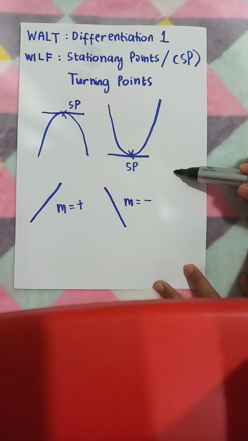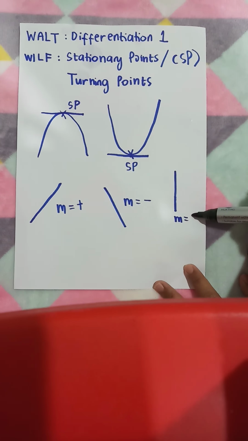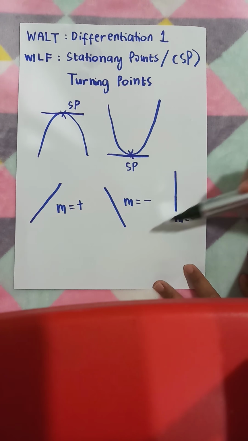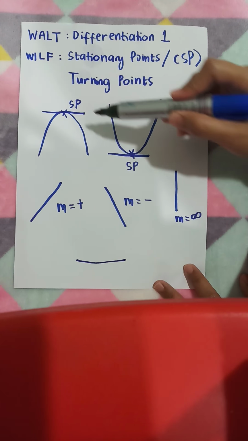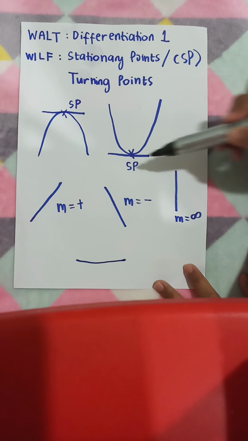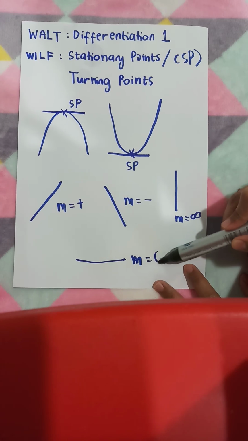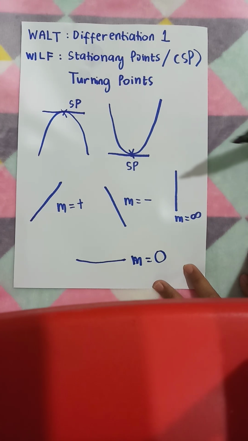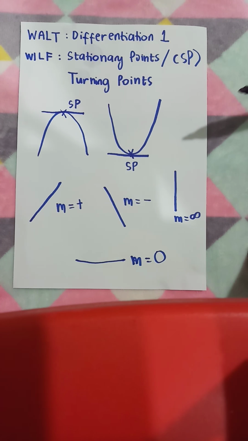If I have a vertical line, the gradient is infinity. When I have a horizontal line like these two lines here, the gradient is equal to 0. So whenever you have a horizontal line, the gradient must be equal to 0.